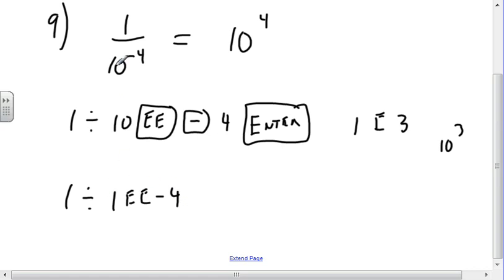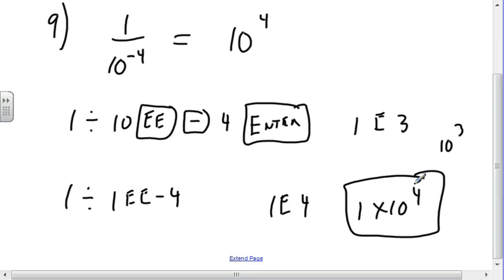When I put in 10 double E minus 4, that's 10 times 1 times 10 to the minus 4, which is 10 to the minus 3, and that's why it gave me the wrong answer. 1 divided by 1 double E minus 4. Well, 1 E 4, 1 times 10 to the 4th. So when you're putting the number in your calculator, don't put in an extra 10.